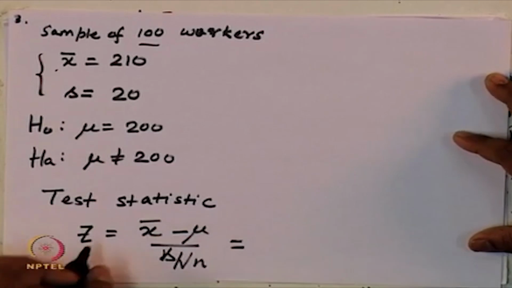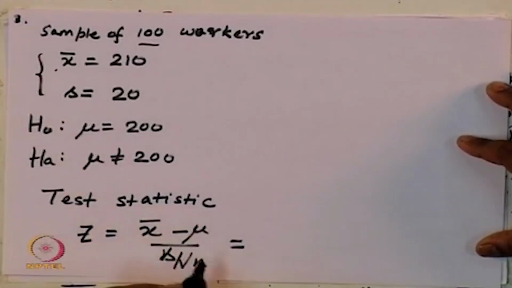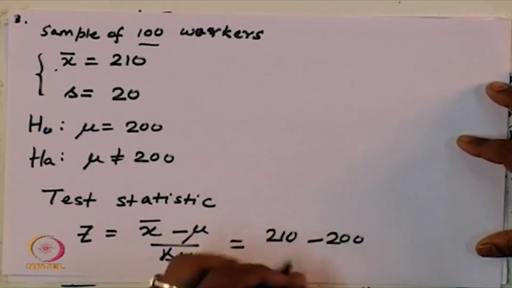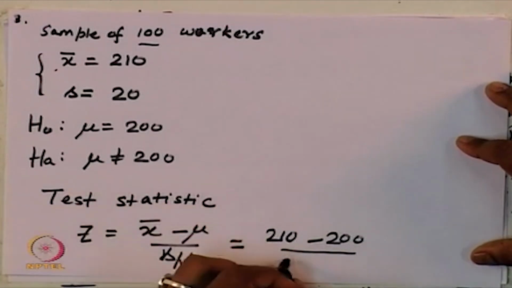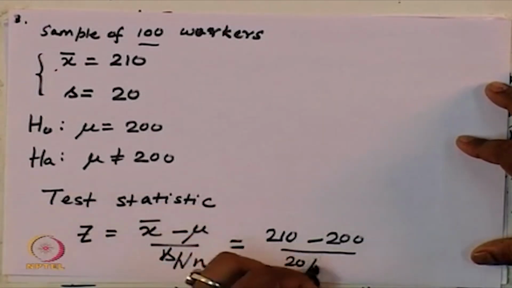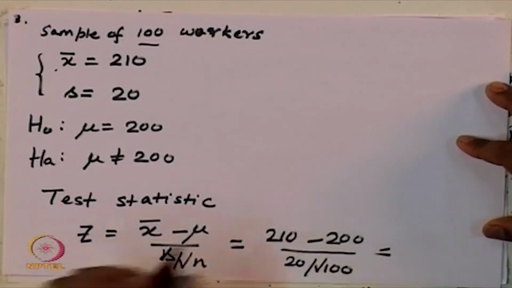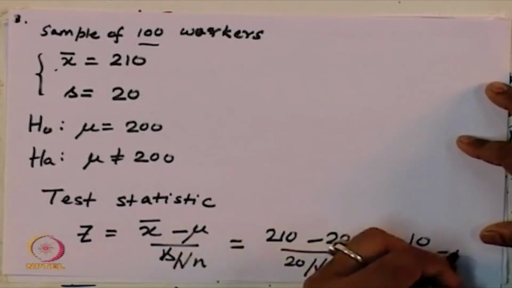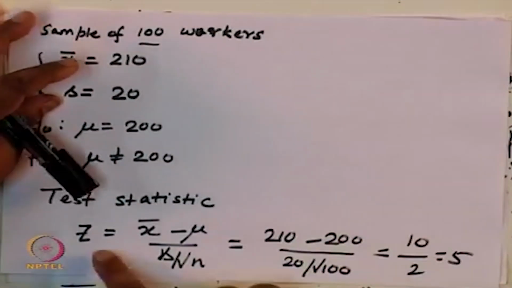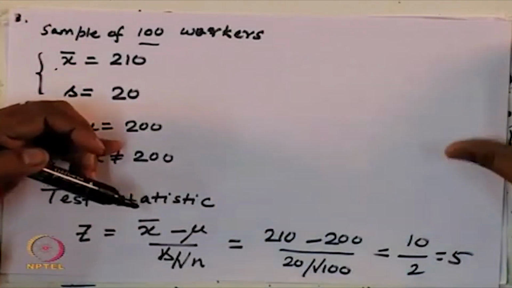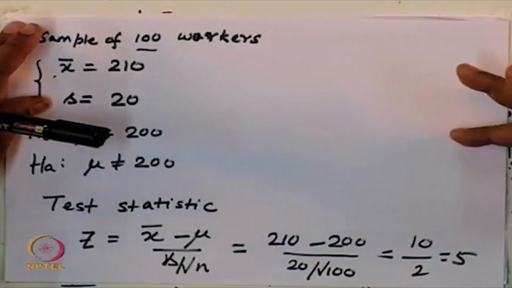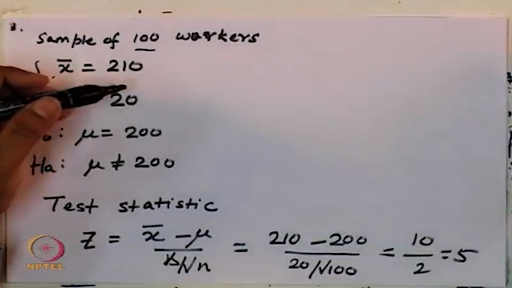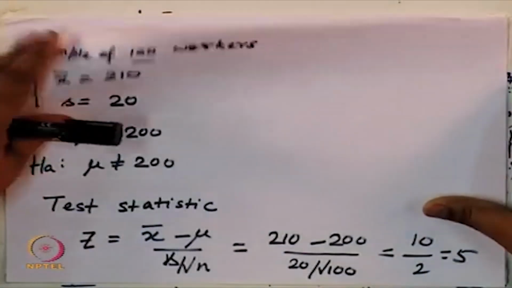I can compute the value: x bar is 210 minus mu is 200, divided by S is 20 over root of 100. So, you get 10 divided by 2, equal to 5. The test statistic z gives me a value of 5. In other words, the value that I obtained is 5 standard deviations away from the mean.